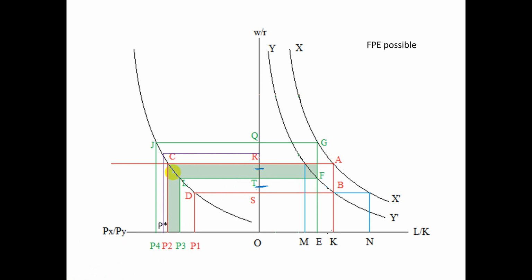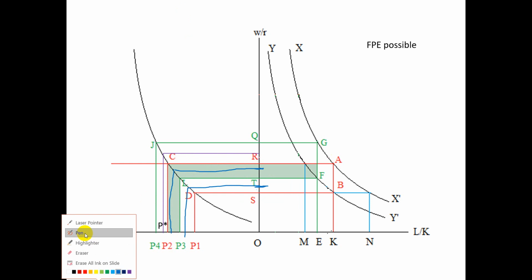Then Px by Py will be higher for country A. W by R in country A is higher than W by R in country B. So country A is relatively more capital abundant because W by R is higher.